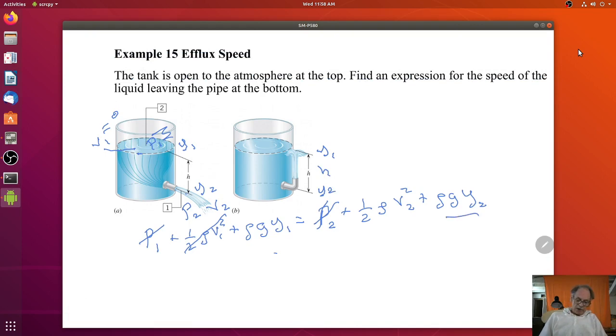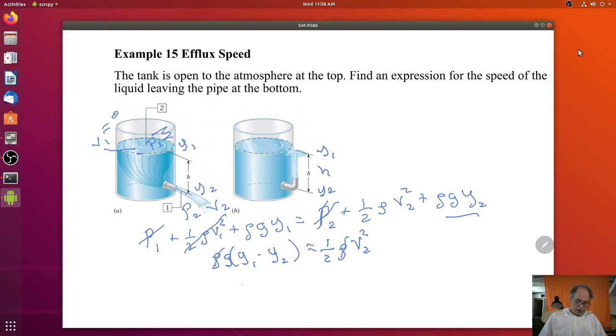So if I bring this to the other side of the equation, I get rho g (y1 minus y2) equals 1/2 rho v2 squared. The rhos cancel.